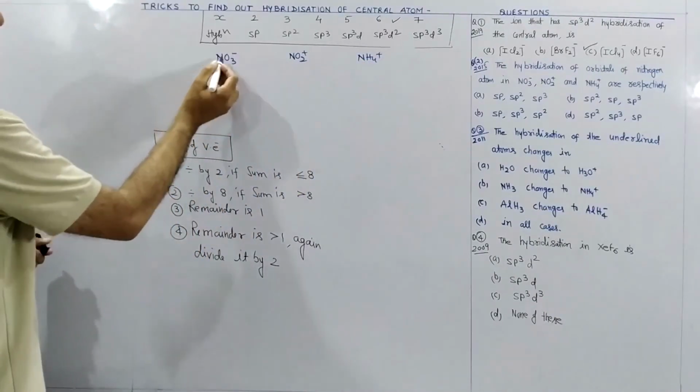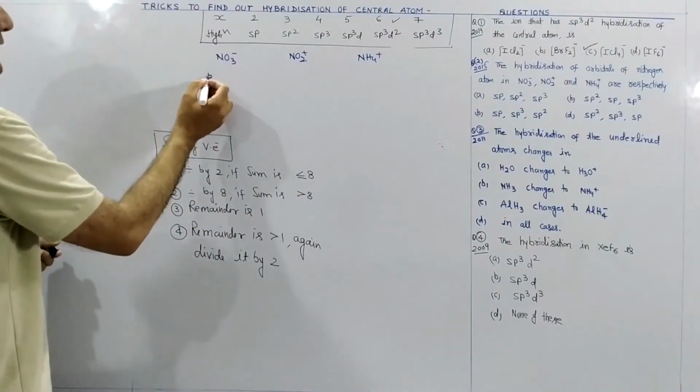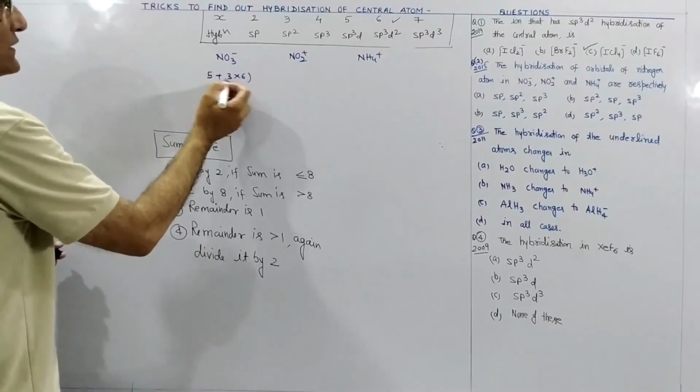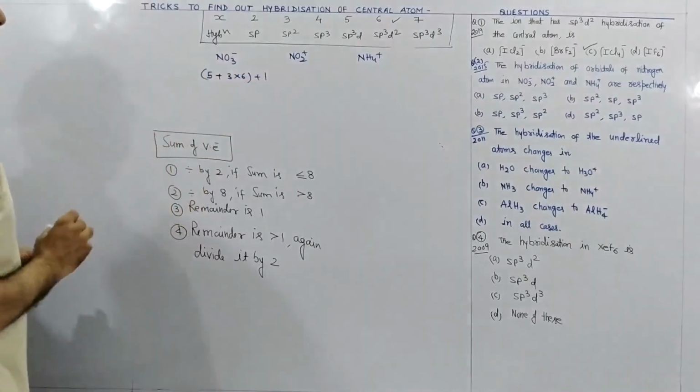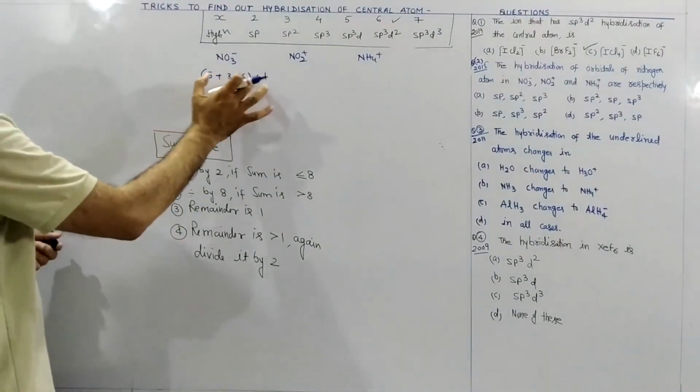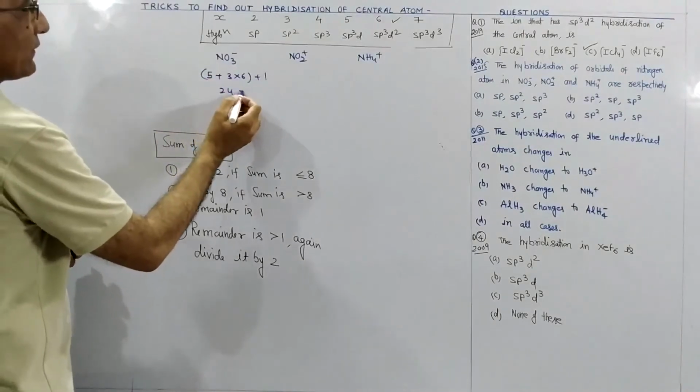Then sum of valence electrons. Nitrogen we have 5 valence electrons, plus oxygen we have 6, so 3 into 6 plus 1. It will be 18 plus 6, 24.